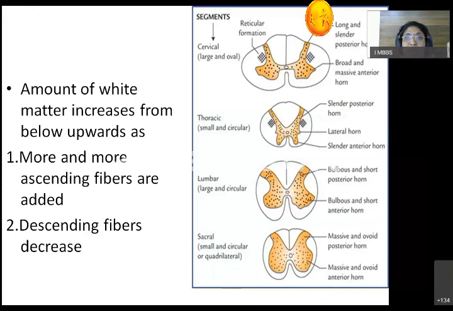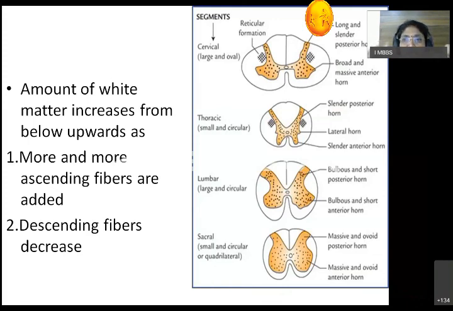Why is this bunch of nerves formed? Because the length of the spinal cord is less than the length of the vertebral column. The spinal cord occupies only the upper third of the vertebral column. So the spinal nerves arising from a particular spinal segment have to pass through the respective intervertebral foramen.